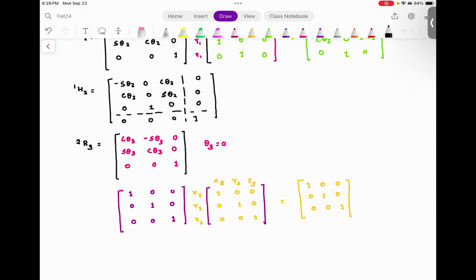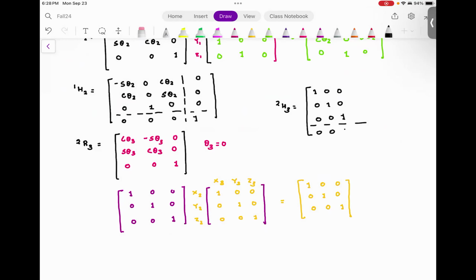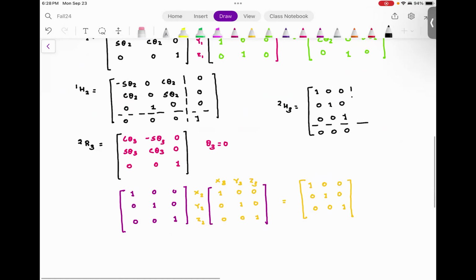Now I need to formulate the homogeneous transformation 2H3, and I would repeat the relative transformations. And then I would have 0 0 0, and then I would have 1 here.